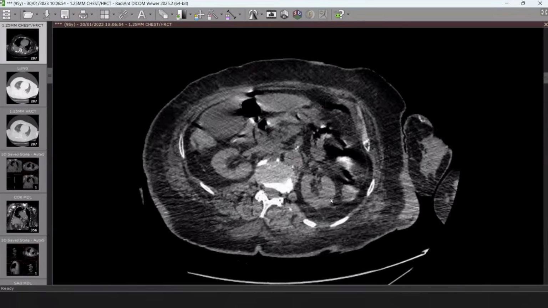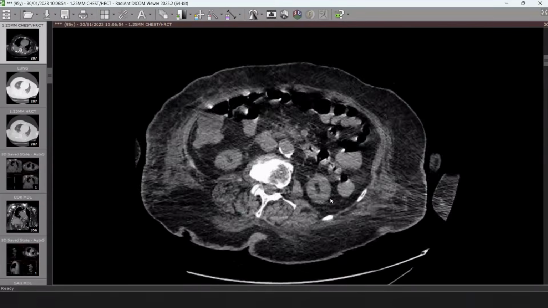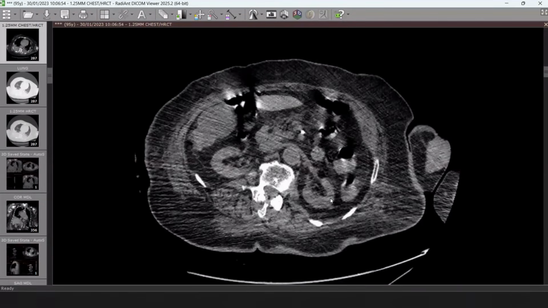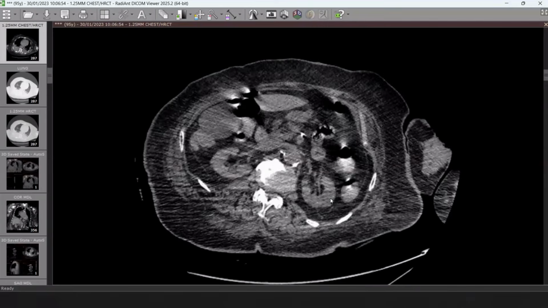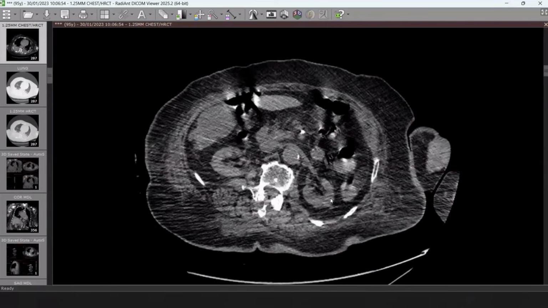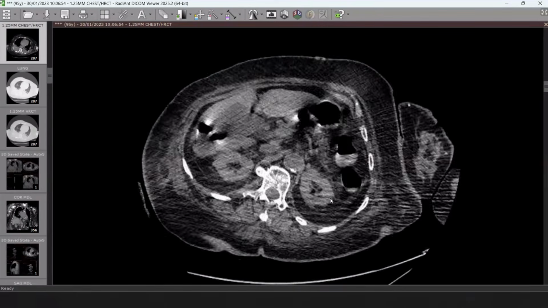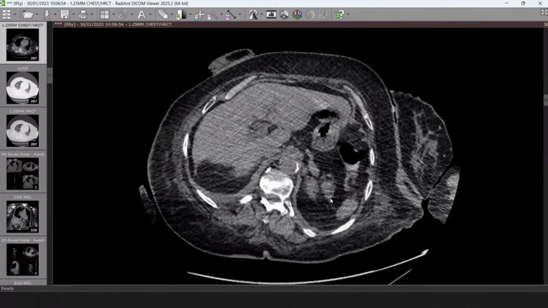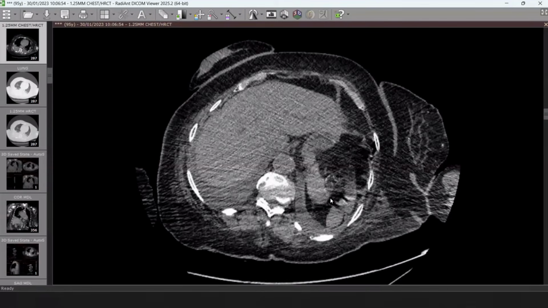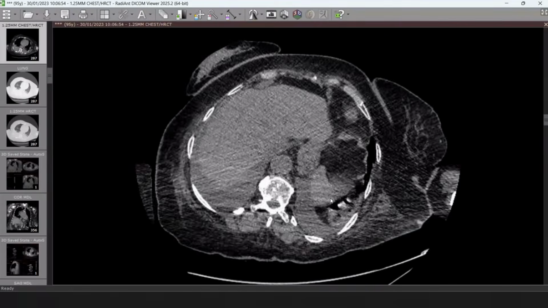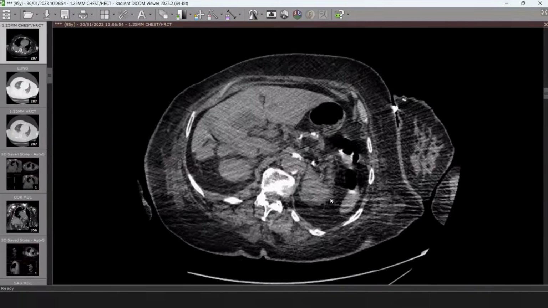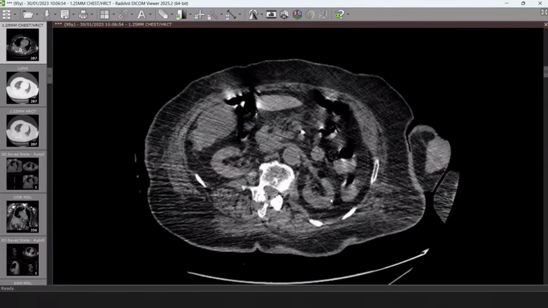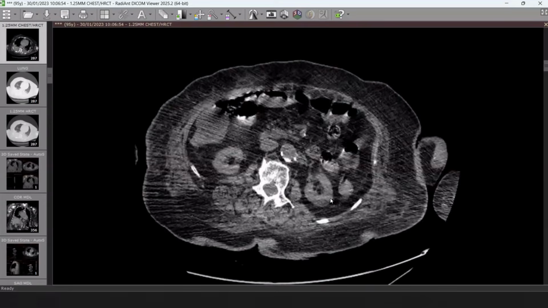This is an unenhanced scan. Yes. I feel like there's a peripheral rim of high density along the ascending aorta. Can you ignore the aorta itself? Can you check other structures? Liver, hilum.